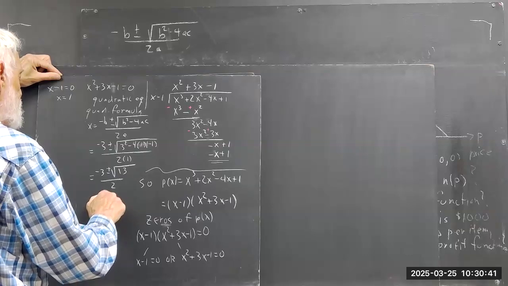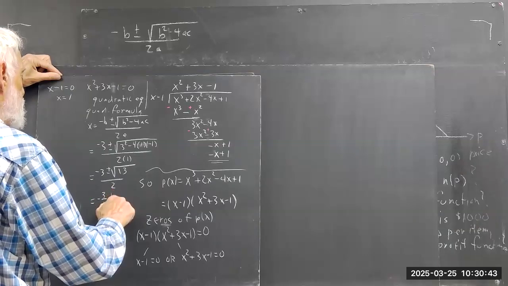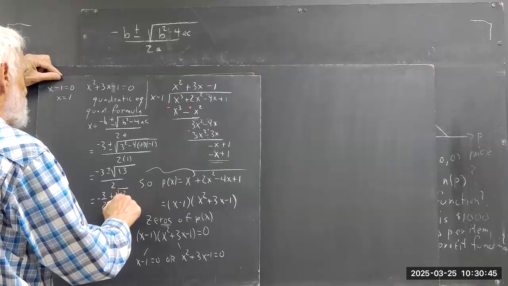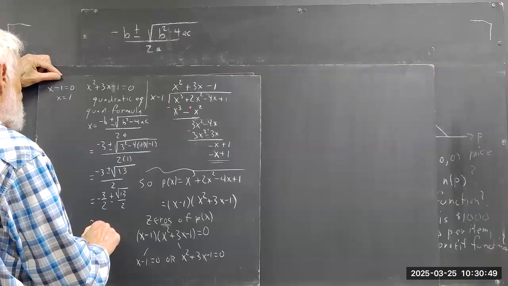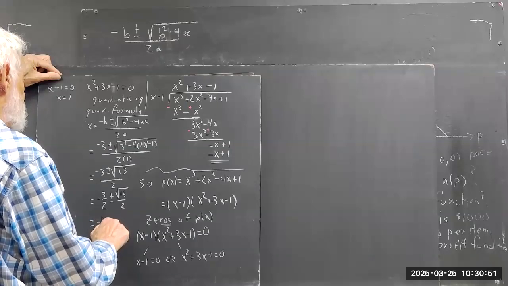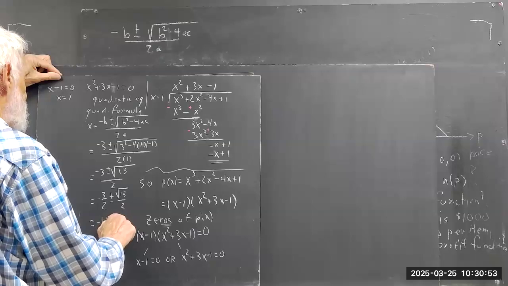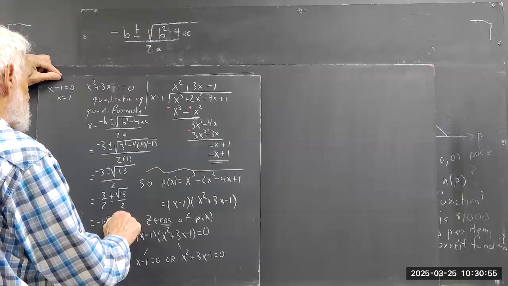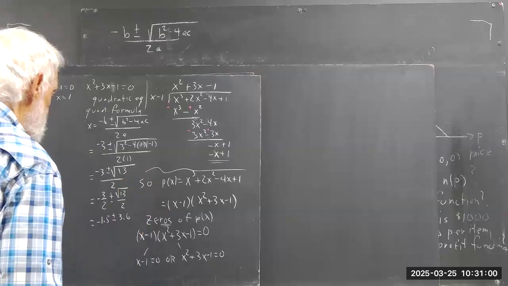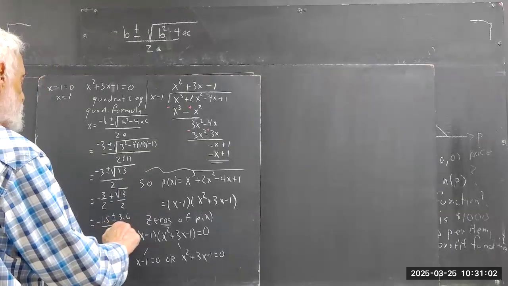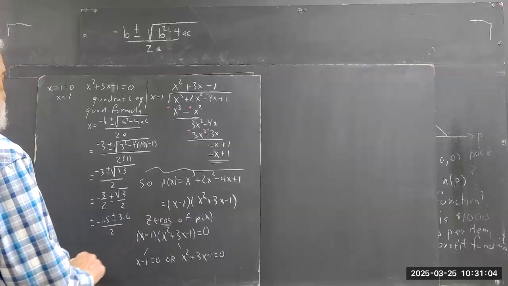which is negative 3/2 plus or minus the square root of 13 over 2, which is approximately equal to negative 1.5 plus or minus 3.6 over 2.